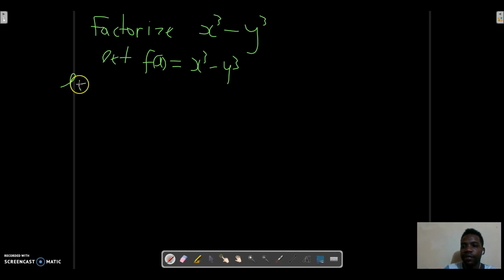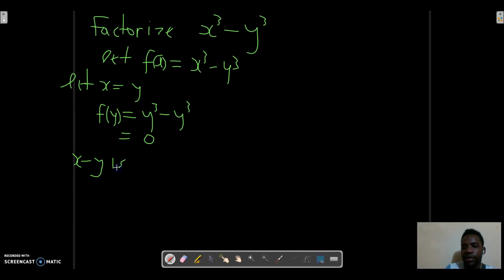So let's say let x equal y. I'm going to have f of y equal y cubed minus y cubed. It does work, so I end up with 0. So this tells me that x minus y is a factor. And we did say once we have a factor, we can always find the other factors.